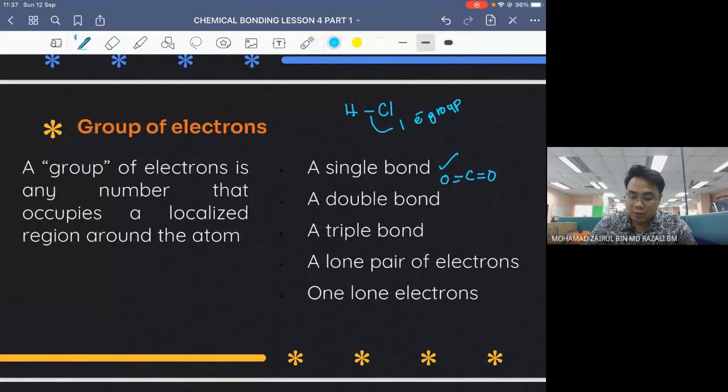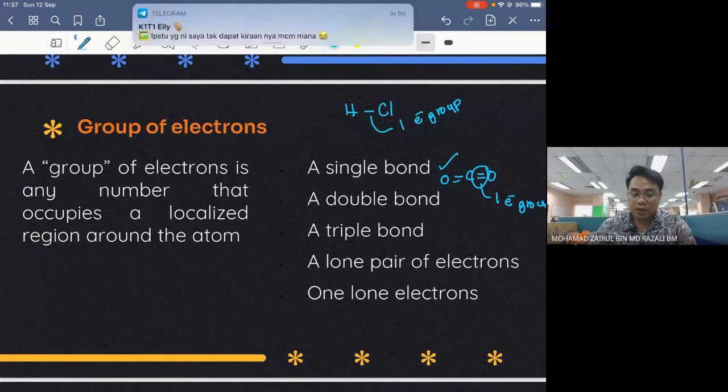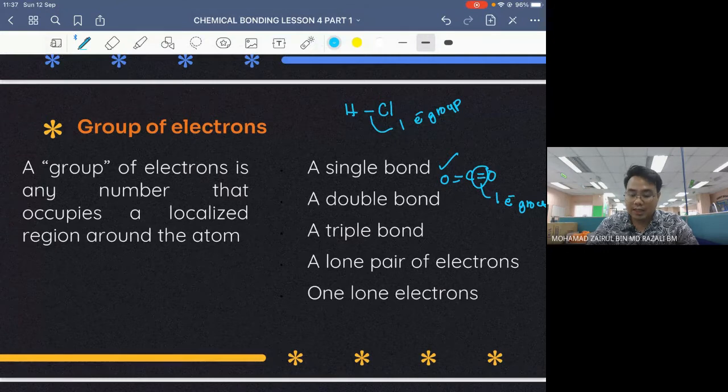Even though there are double bonds, when you determine the molecular shape of the molecule, we assume each double bond as one electron group. So for a CO2 molecule, if we look at the Lewis structure, we have two double bonds. That means CO2 has two electron groups, because one double bond is assumed as one electron group.